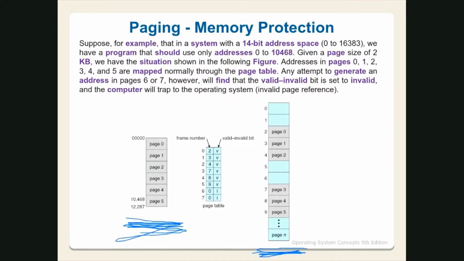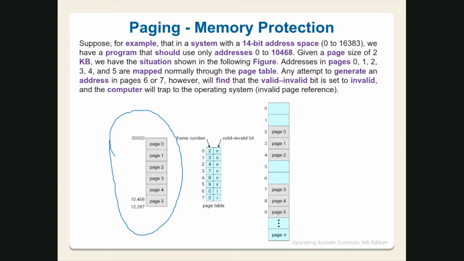And this is your page table. Let's start from the logical address space. What are the pages you have? Page 0, page 1, page 2, page 3, page 4, page 5. So starting from 0 to 5 is my logical address space.